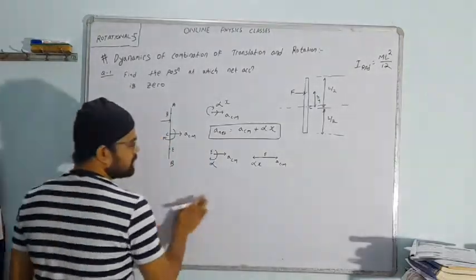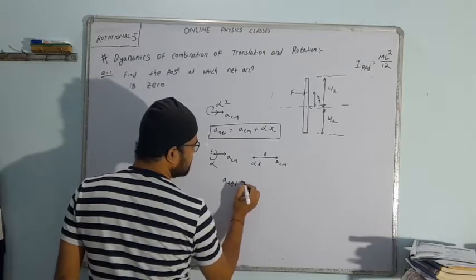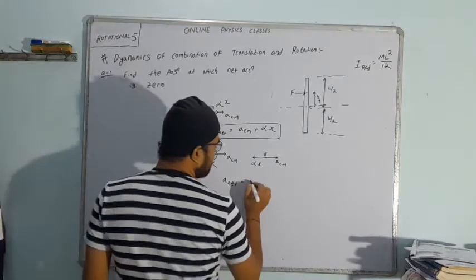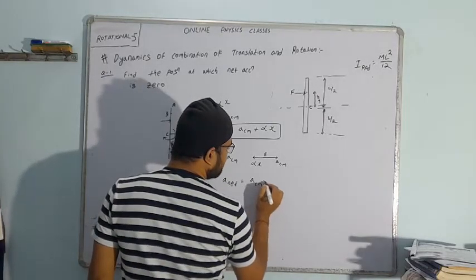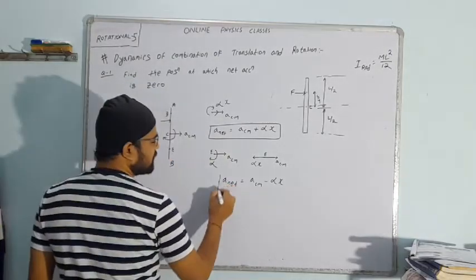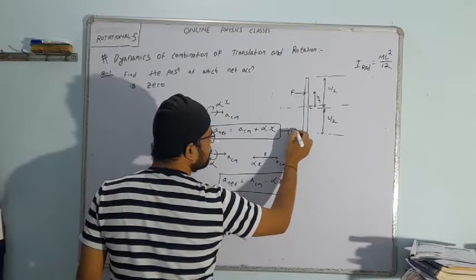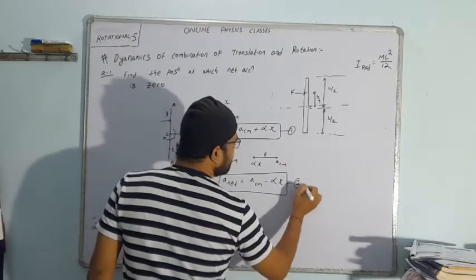So the net acceleration is A_CM minus alpha x. These are equation 1 and equation 2.